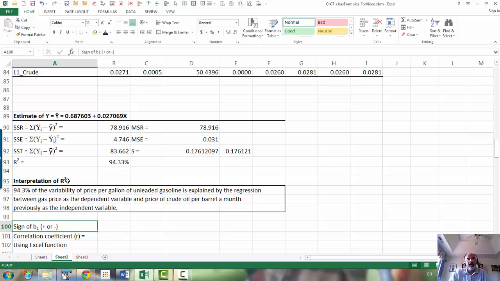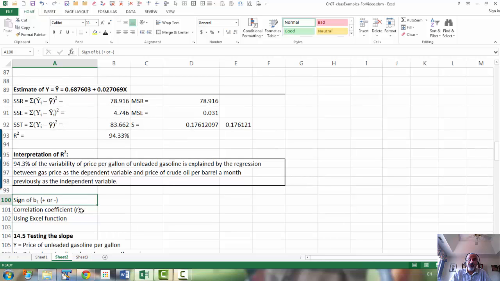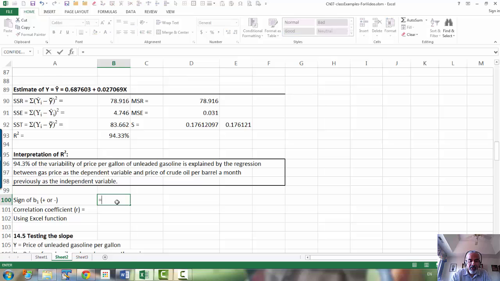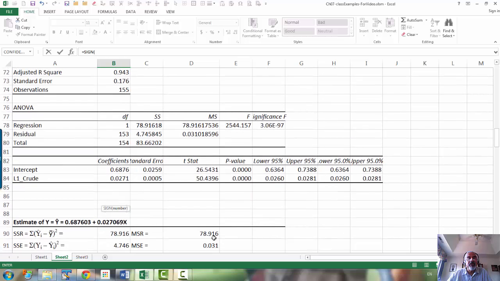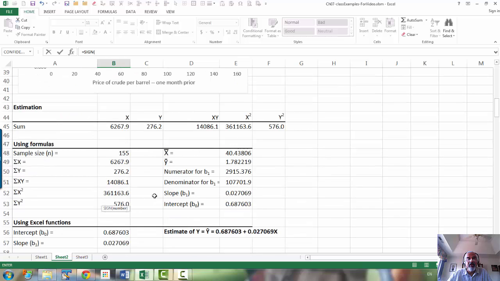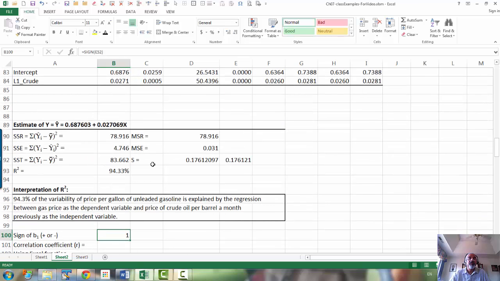Now from R squared we can find the correlation coefficient of the two variables X and Y. Correlation, remember, can be positive or negative, so you have to first find the sign of the slope coefficient. If the slope is negative, correlation is negative. If the slope is positive, correlation is positive. There is a function called SIGN which gives you -1 or +1, and we can take the slope b sub 1 and find SIGN of b sub 1.